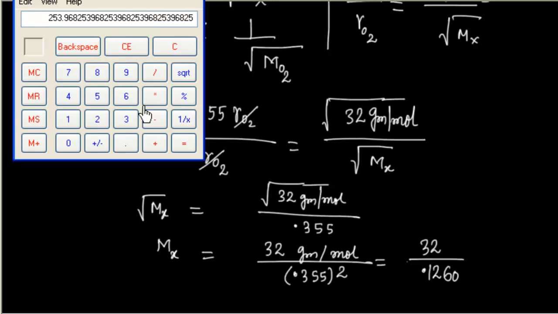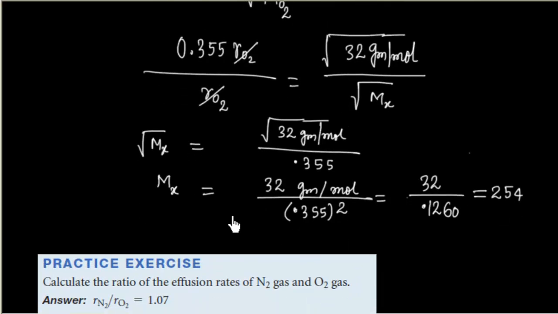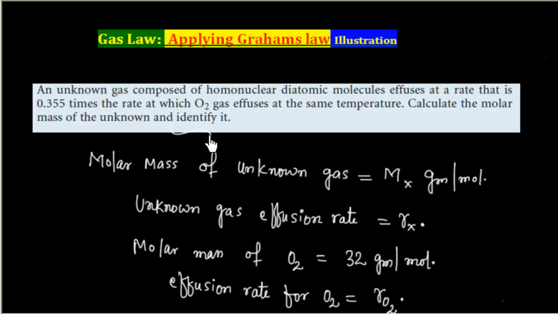So this is around 254. So the molecular mass of the unknown gas is basically 254 gram per mole, and we have to identify the gas.